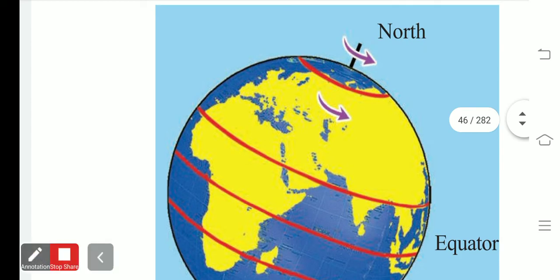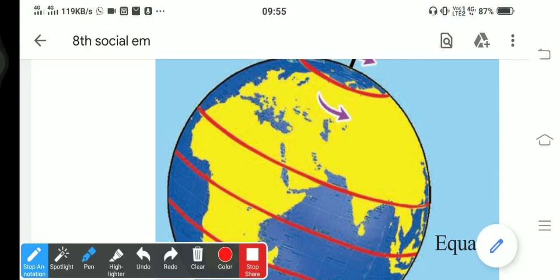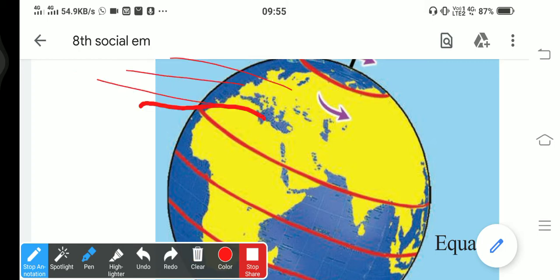If the sun rays fall diagonally here, understand, like this, in this way you'll see that the area here is much larger, right, than the area near the equator.